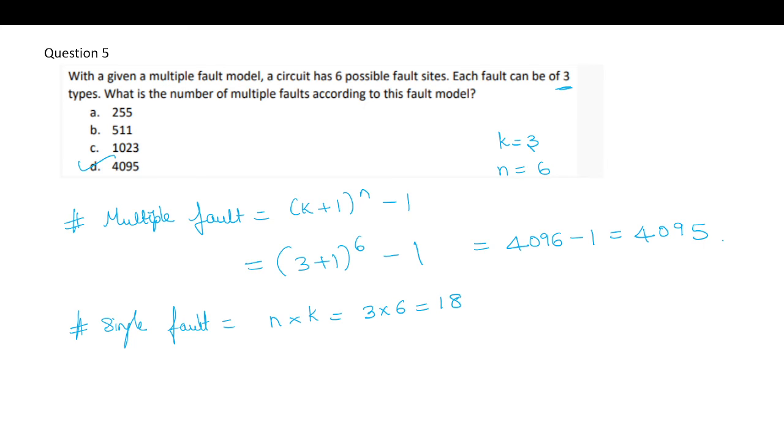See from how much, from 4095, we have come down to 18. And if the circuit is given, then we can again show how it comes down using the concept of fault equivalence and fault collapsing. But still, from this, the answer is D.